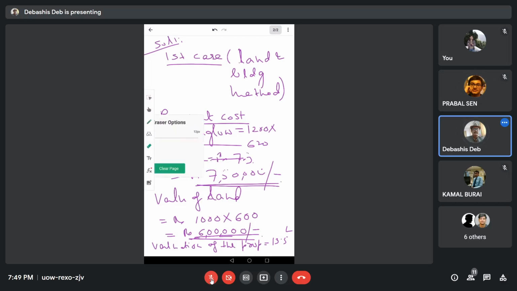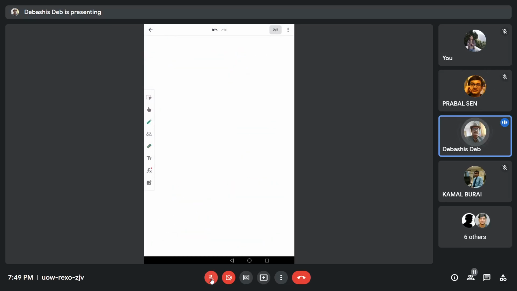Okay, let me write it again. So value of the property: value of bungalow and value of land.